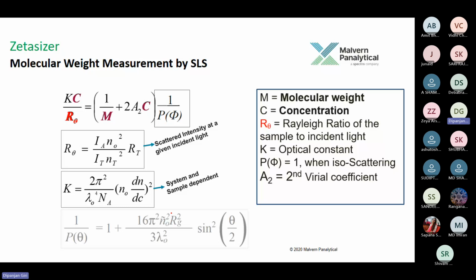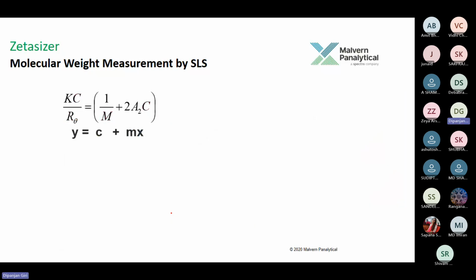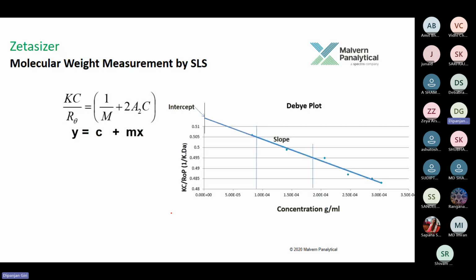And if you simplify that one, we will get a y equals c plus mx kind of straight line. If you are able to perform this graph represented here, you see the intercept and the slope, by actually running 5 or 6 samples.